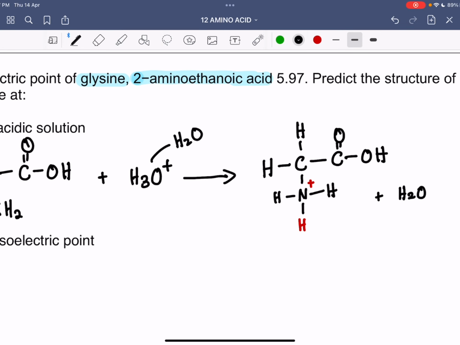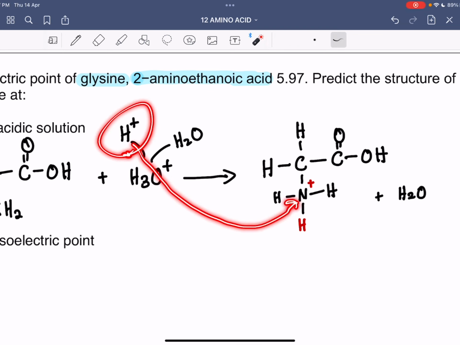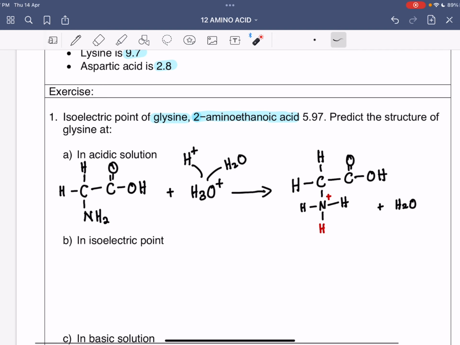Remember, this is H2O and this is H plus. This is the one that will connect with the H here. So this is the structure of glycine in acidic solution.